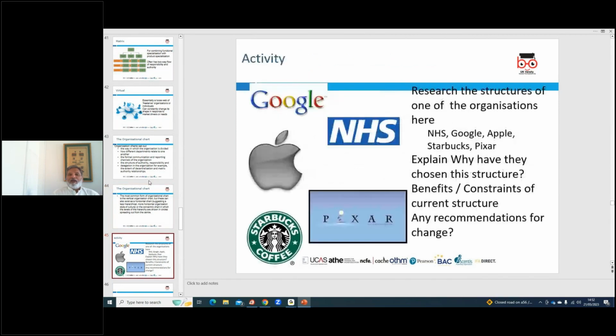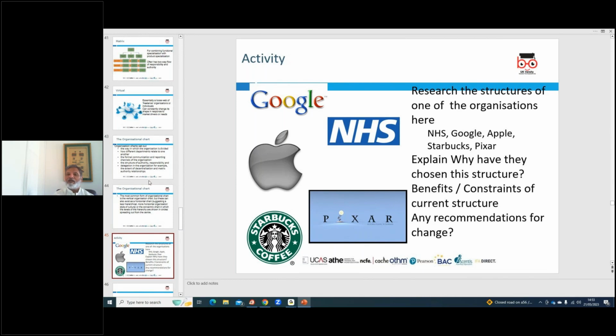Okay, activity: you need to research the structure of these organizations. For example, what type of structure does Google have, what type of structure does the NHS or Apple or Pixar or Starbucks have? Any of those organizations, you need to go and research on their website.